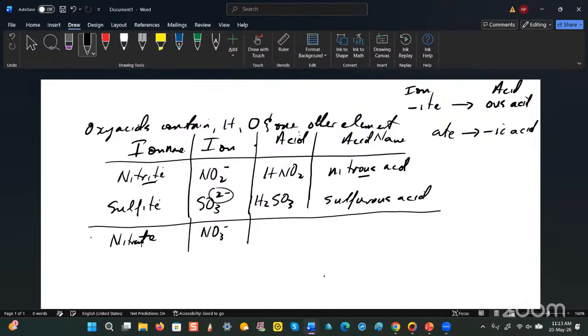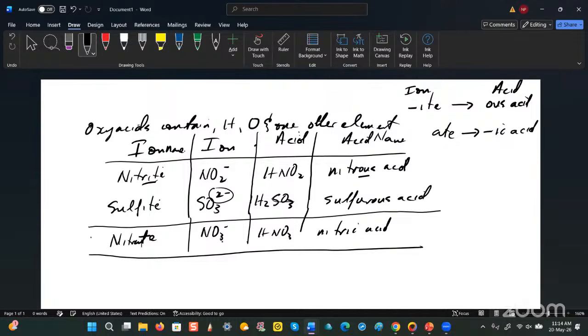Right? So to get from the nitrate to the corresponding acid, we add an H plus, that becomes HNO3. And therefore the name of this acid is nitric acid.